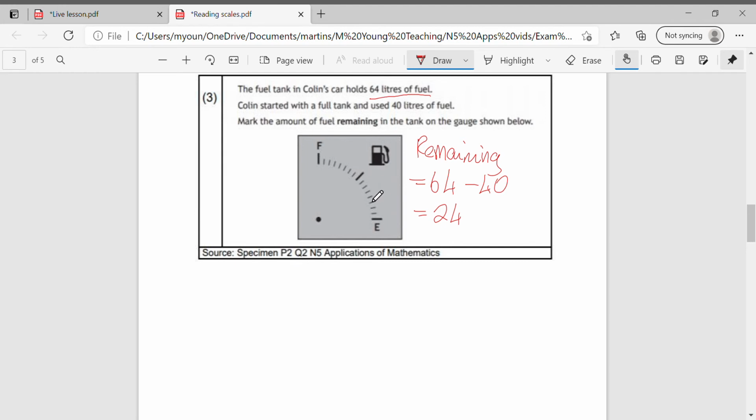And then if there's 8 going along here, each of them's 4. So I could do it in 2 ways, either 64 divided by 16 or split it up and do 32 divided by 8, which is 4. So each of these is worth 4. So I'm going 1, 2, 3, 4, 5, 6 along to get to 24, which is here.